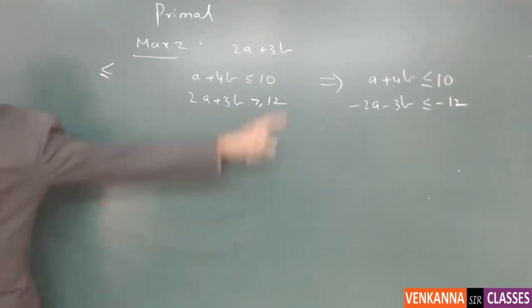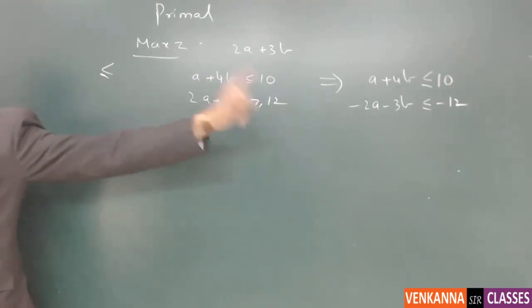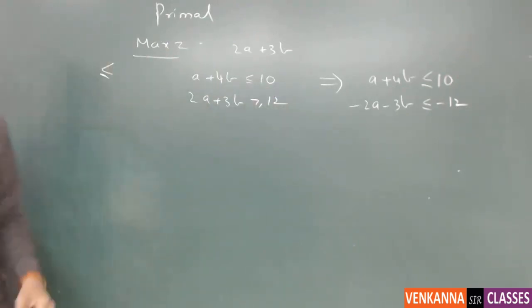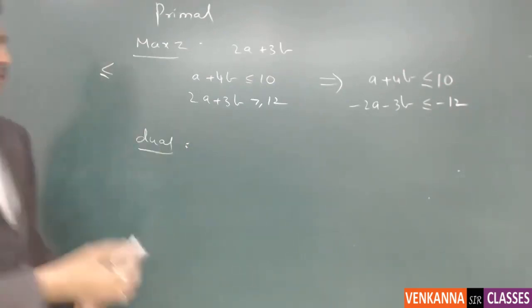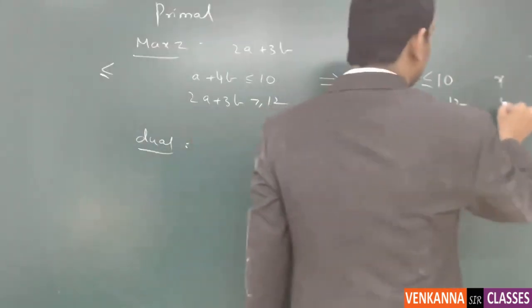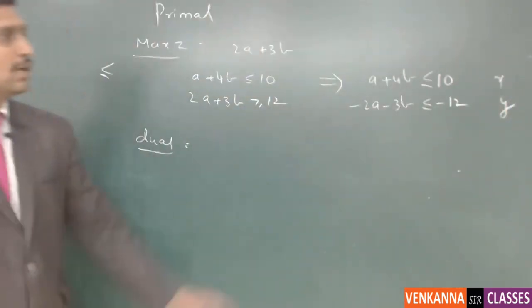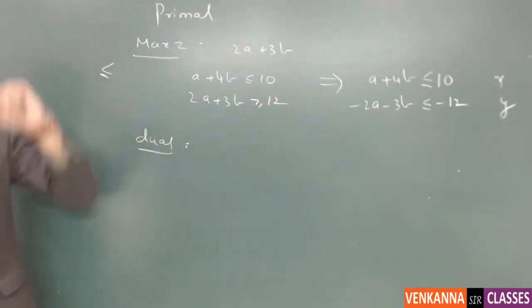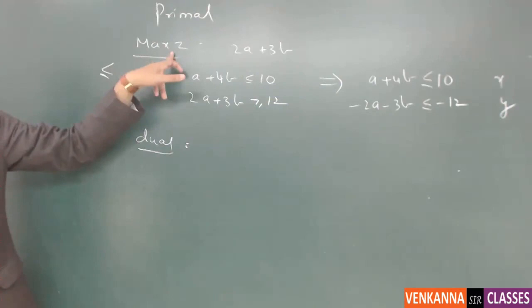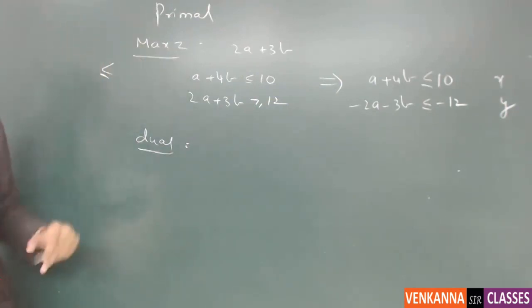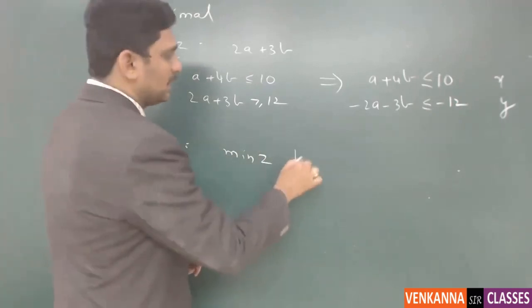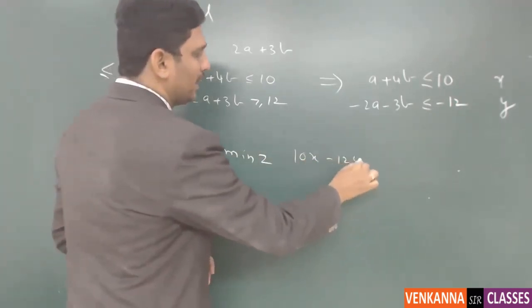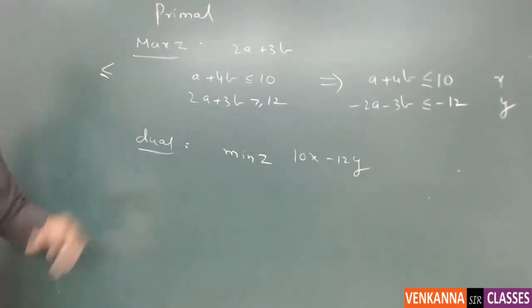Now based on these inequalities, I am going to write the dual problem. So how does the dual come? You take this as x and this as y. So the two things will appear in the objective function. It is maximization, so that should be minimization. So minimum z is 10x minus 12y, right?